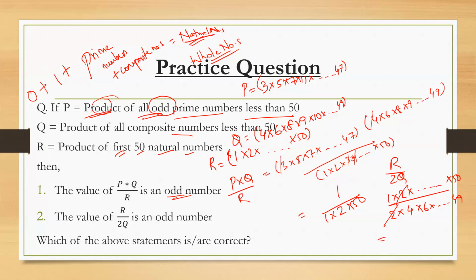Now here at the top, if this is all composite numbers, all the composite numbers will be taken away. Are you getting this? That means at the top, you will be left with only the product of prime numbers. Are you getting this, everyone? Exactly, you will be left with odd prime numbers, and there will be 50 also here.